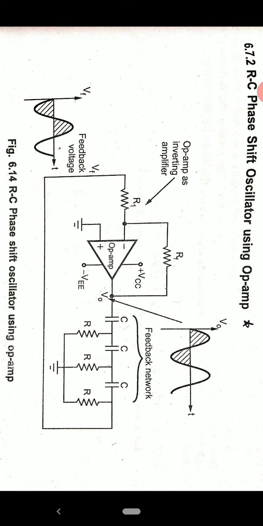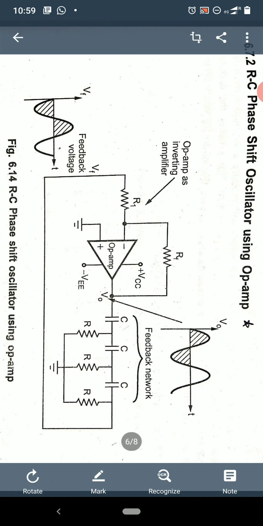If these two criteria are satisfied, your oscillator will give sustained oscillations. If either criterion fails, you may get growing or damping oscillations, depending on whether A beta is greater than or less than 1. If mod of A beta is equal to 1, you get sustained oscillations.